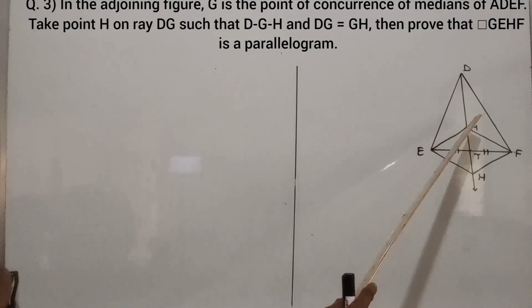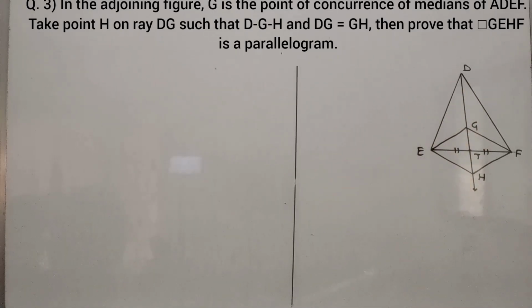All these three medians meet each other at point G. That point is called the point of concurrence, and this point of concurrence is also called the centroid.